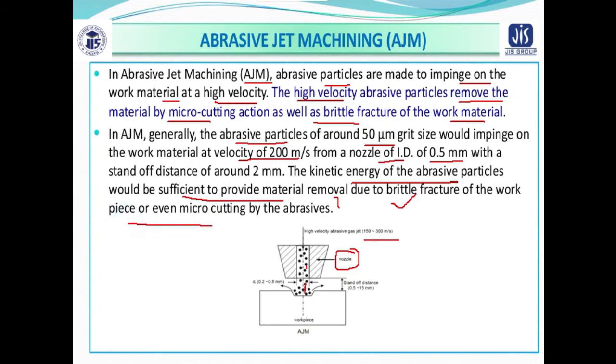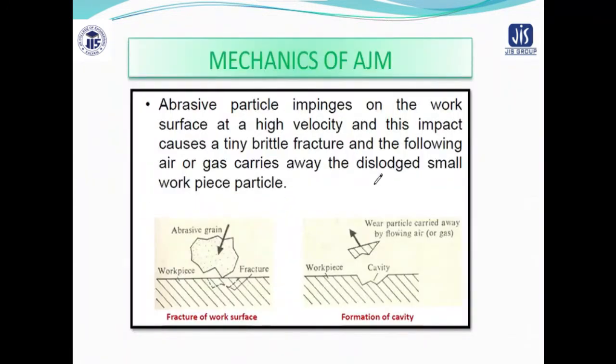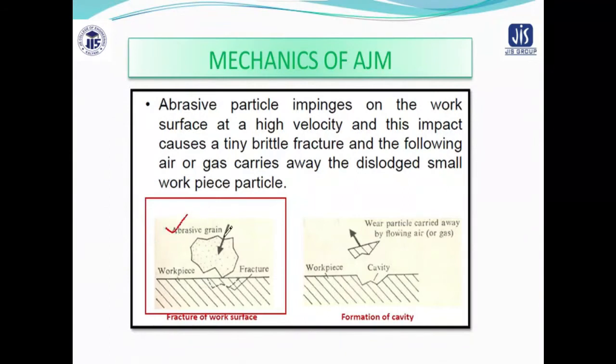So now if I move to the next slide, you can see the mechanism. Mechanism of what? Mechanism of the AJM process. Now just have a look. If I go through this particular figure, here you can see fracture of the workpiece is occurring, and the abrasive grain is striking the workpiece material.